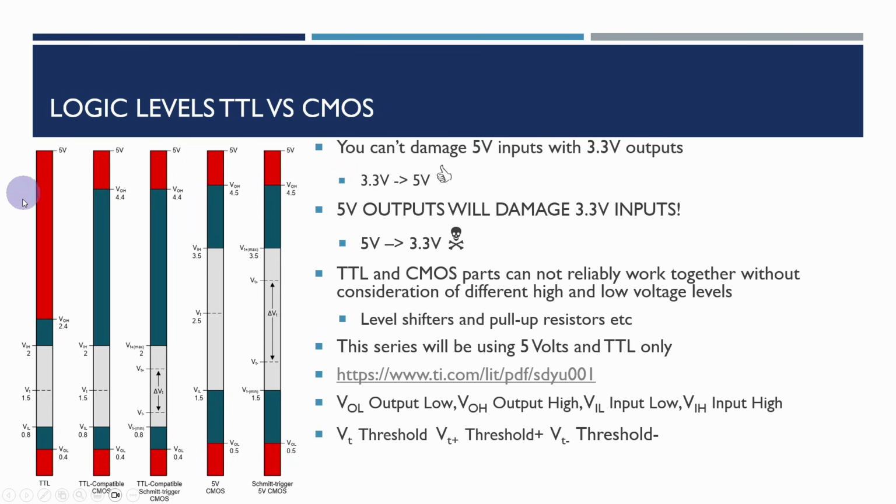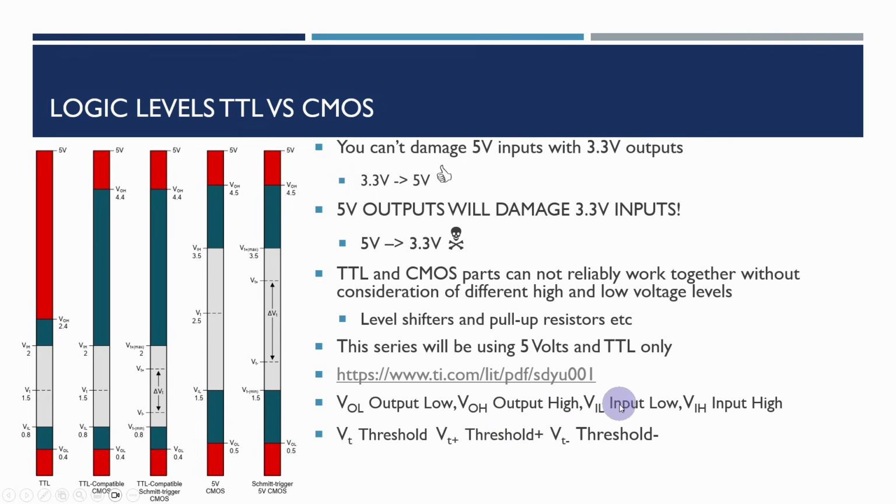Now when we're looking at this, I'll zoom into it, but you'll see that these symbols that you'll have in a lot of data sheets can be a bit confusing if you don't know what they mean. The VOL means the output low voltage, so this is what a chip will send out for a low signal on its output. Then the output high voltage.